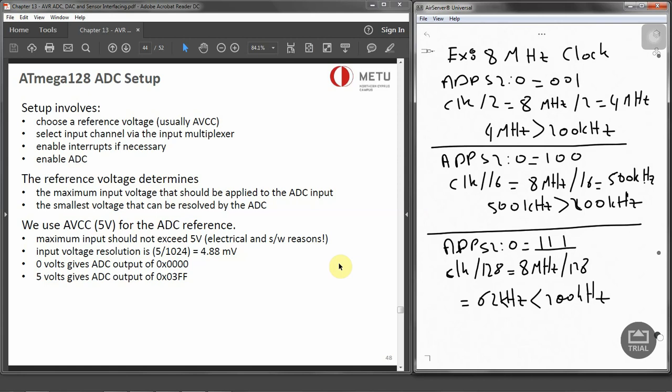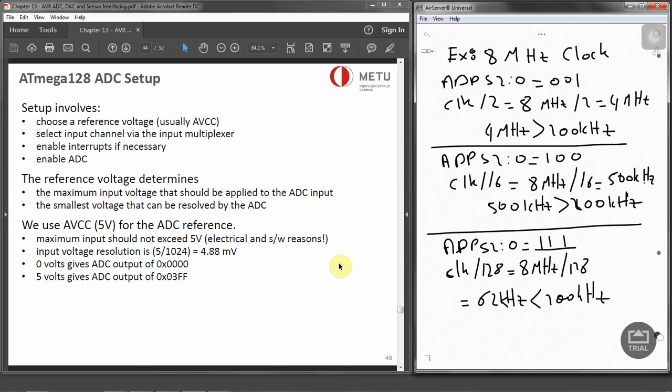If we are going to use the interrupts, we have to enable the interrupts, and we have to enable the analog to digital conversion. The reference voltage determines the maximum and the smallest voltage for the ADC. In the ATmega case we normally use AVCC as 5 volts as a reference, so the input should not exceed 5 volts because of electrical reasons.